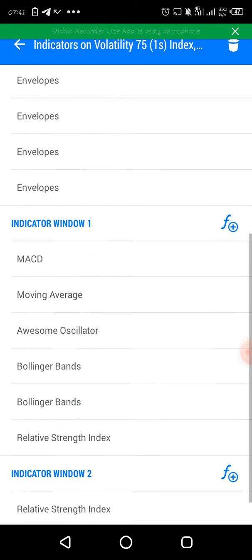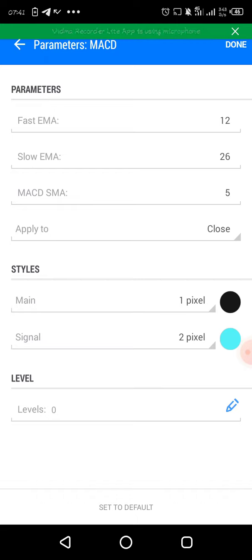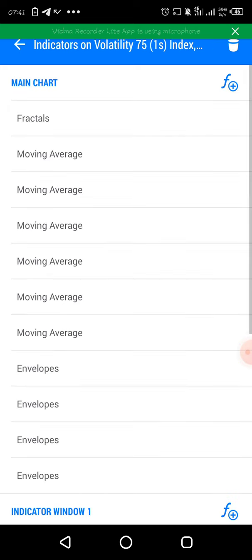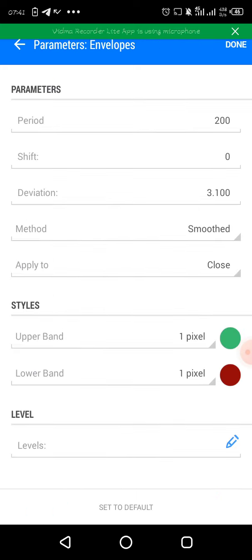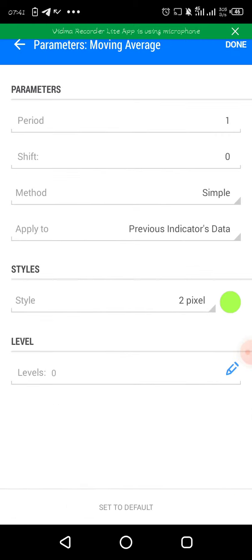Let me go to indicator 2. In this indicator 2, we have the MACD normal size. I only reduced this SMA to 5 rather than 10 as the original. Then the next one I added was a moving average as in the previous indicator, just one simple.